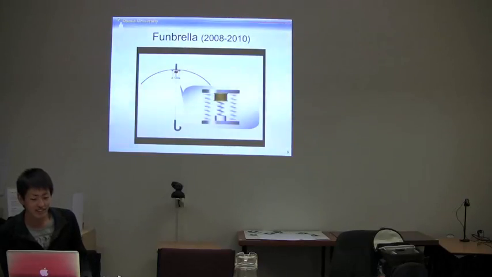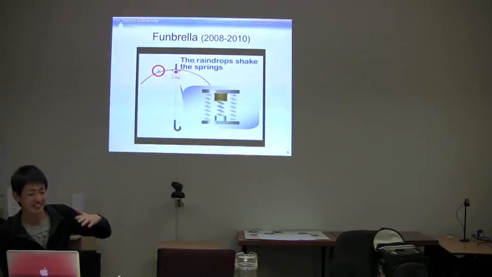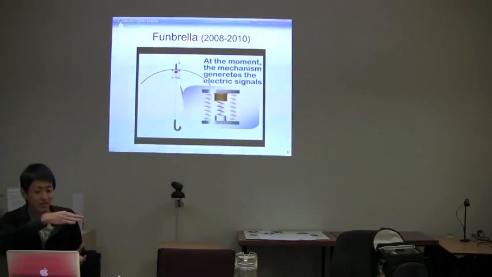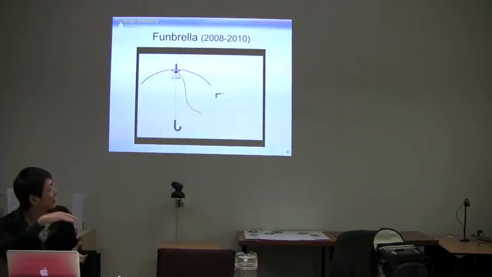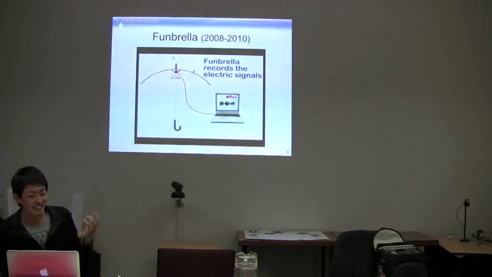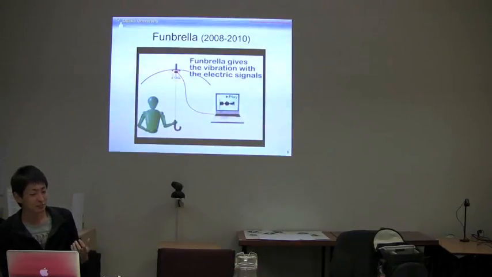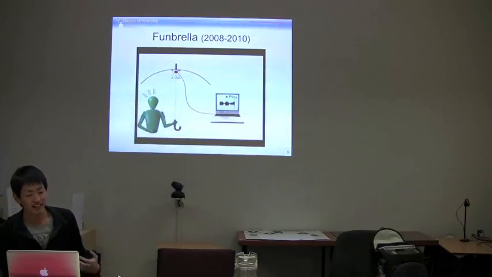When raindrops hit the umbrella, the entire umbrella shakes, and an electric signal is generated. So we record the signal and replay it. So we can reproduce the sensation of rain.